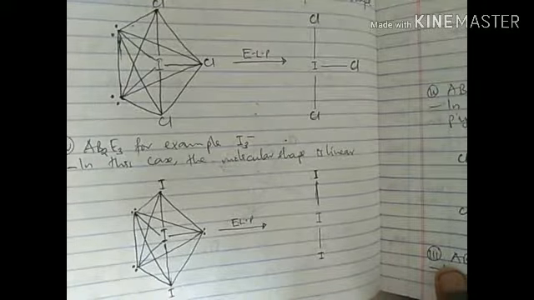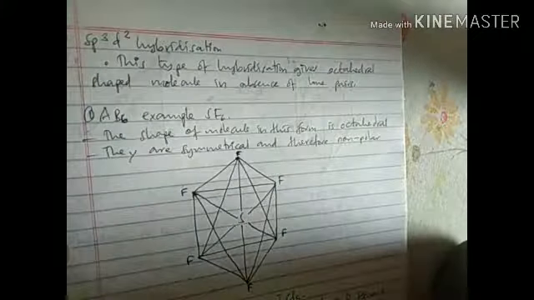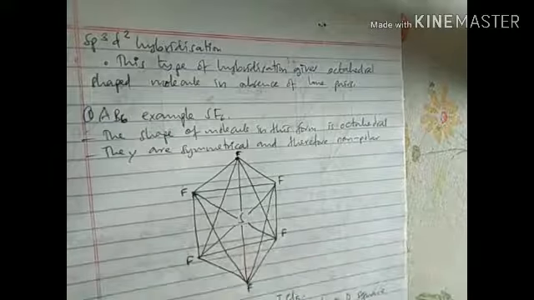So this is how the hybridization takes place. And our last type of hybridization is sp3d2 hybridization. In the absence of a lone pair, this appears as octahedral.